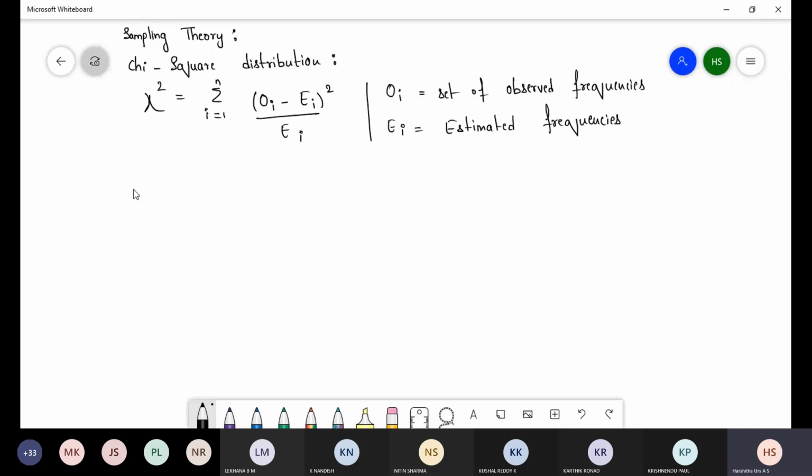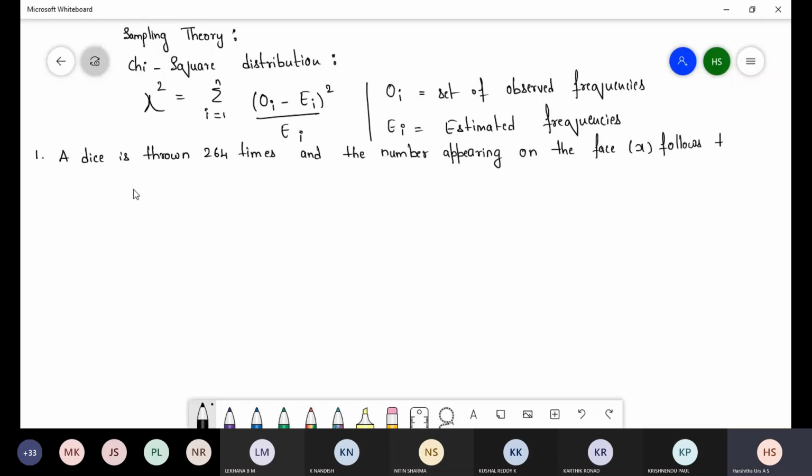Yes, take down the first one. A dice is thrown 264 times and the number appearing on the face follows the following frequency distribution.